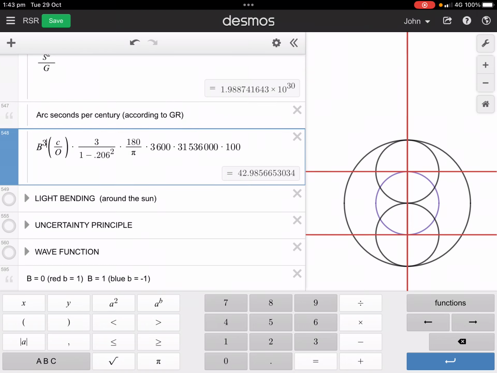And you can see the only thing you're using from the relativistic slide rule is b cubed.